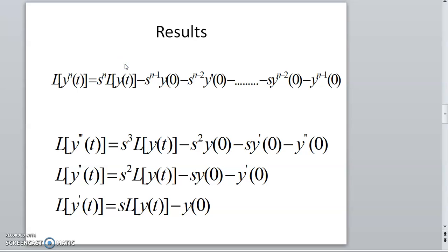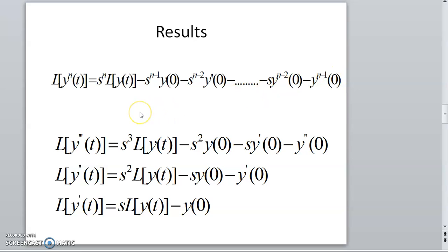Already we have studied, in the middle of this unit, the Laplace transform of derivatives. The general formula is L of y power n of t equal to s power n L of y of t minus s power n minus 1 y of 0 minus s power n minus 2 y dash of 0, etc., minus y power n minus 1 of 0.